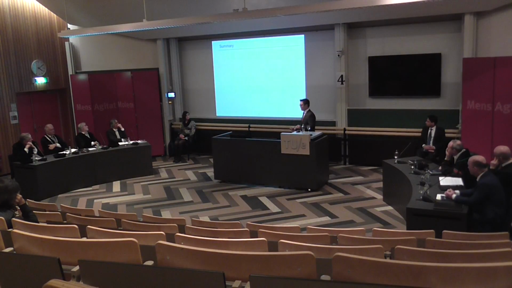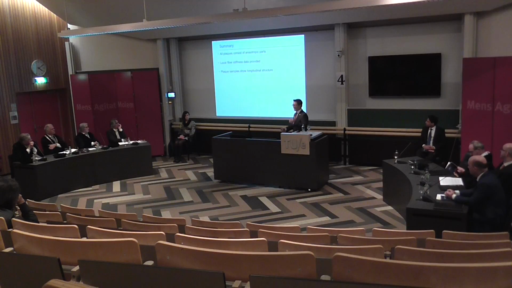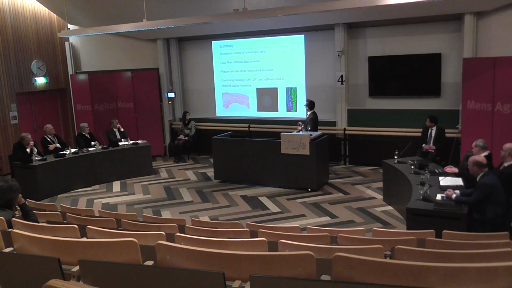So to sum up the most important points of our research, we have shown that plaque tissue consists of fibrous tissue. We have provided the data for the mechanical properties of those fibrous tissue. We have shown how the fibers are aligned. They are aligned in the longitudinal direction, completely perpendicular to what you would expect compared to healthy tissue. And a very important point is we are now able to include this data, the mechanical properties and the alignment of those fibers.